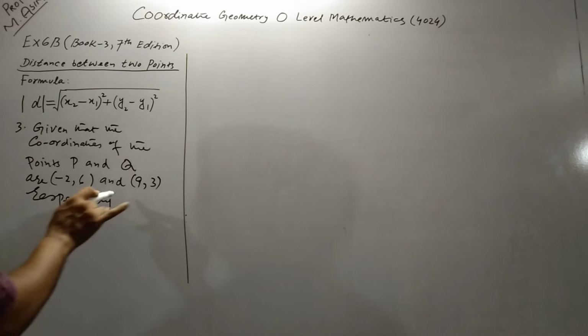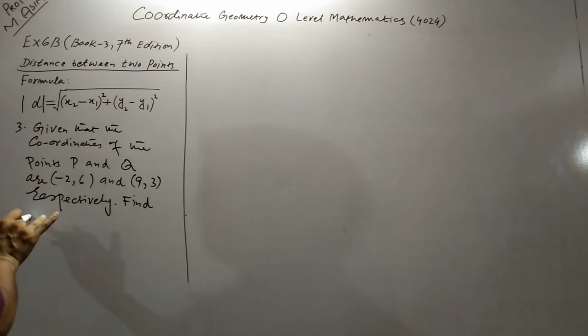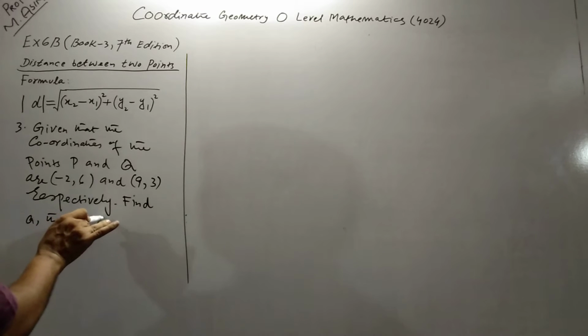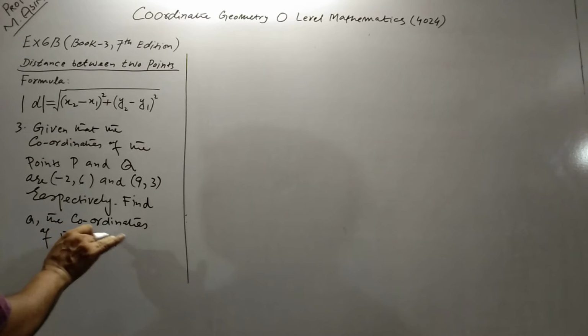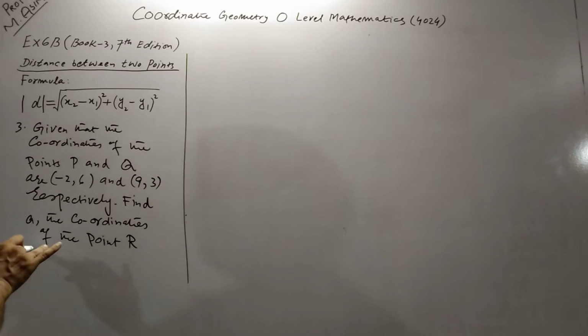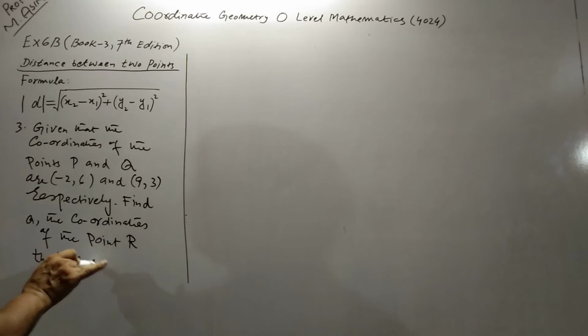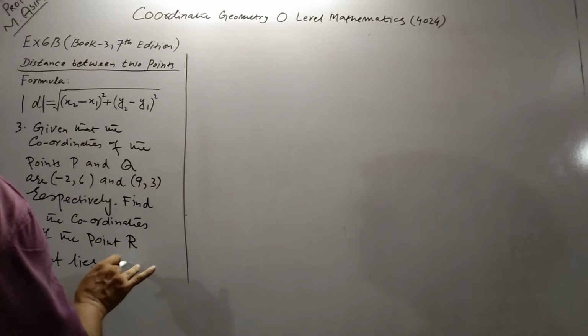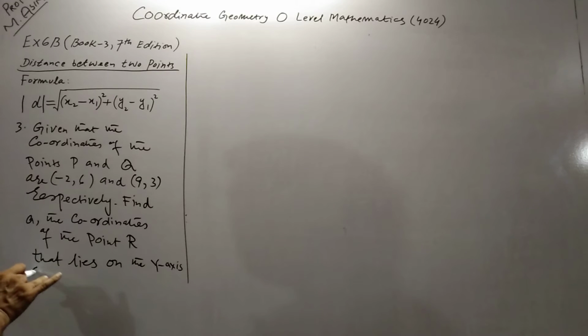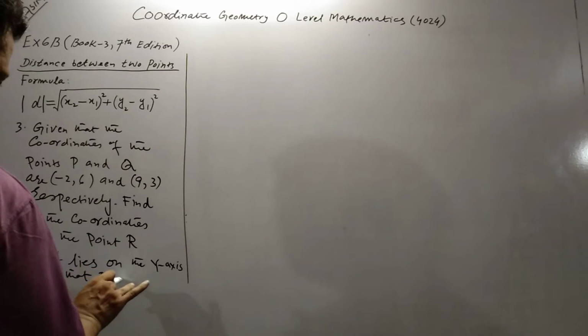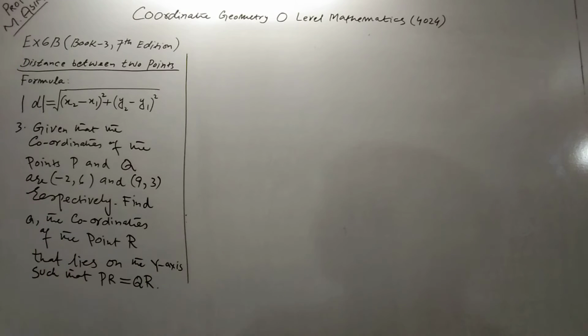Part A: Find the coordinates of the point R that lies on the y-axis such that PR is equal to QR.